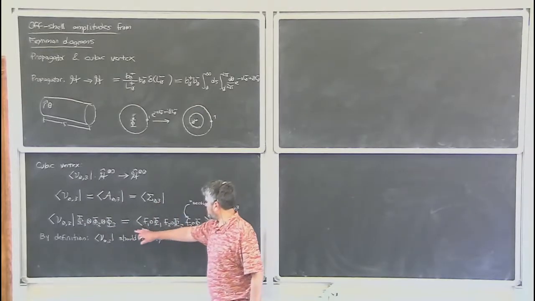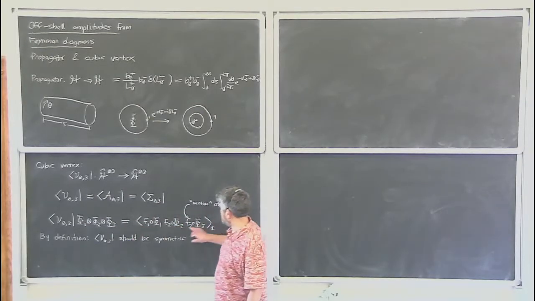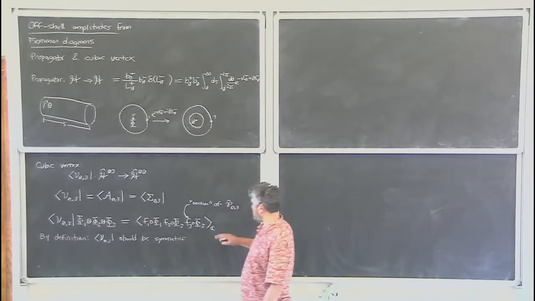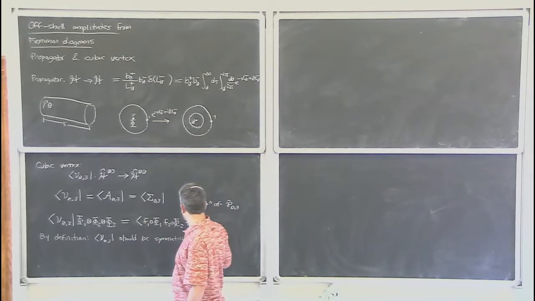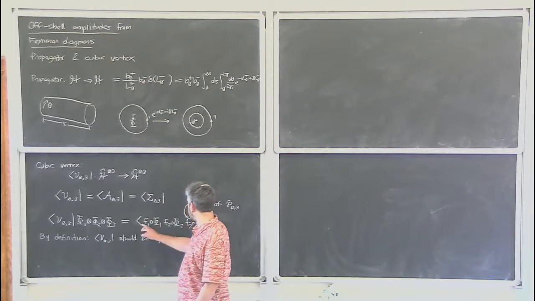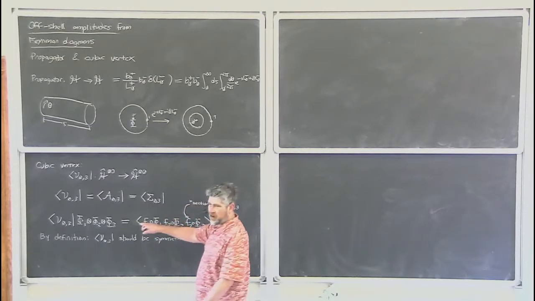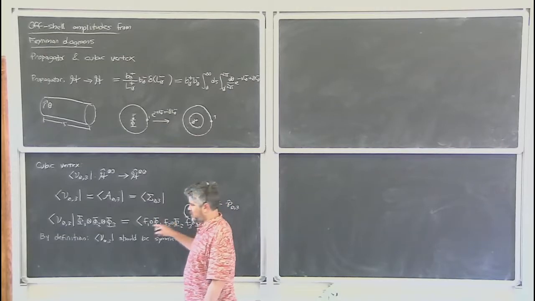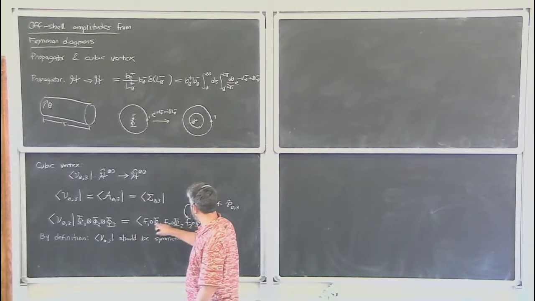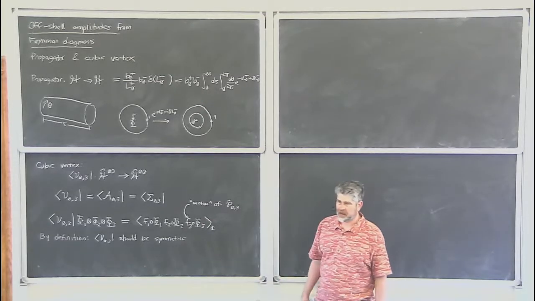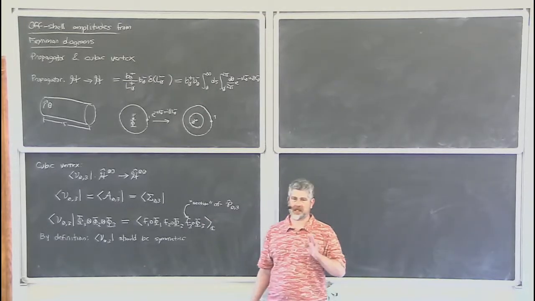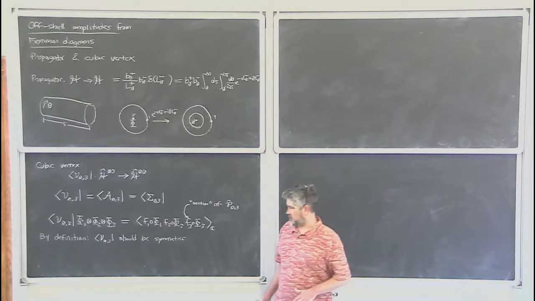But we could fix up this identification that I wrote here by just taking these conformal maps and summing over all possible permutations where these maps act in different combinations on phi 1, phi 2, and phi 3. So in total there would be 6 terms, for the 6 permutations.